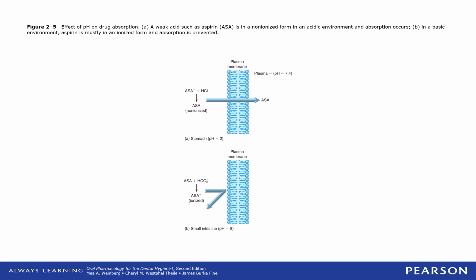Figure 2.5 shows the effect of pH on drug absorption. In A, a weak acid such as aspirin in a non-ionized form in an acidic environment absorbs very quickly. However, in a basic environment, aspirin is mostly in an ionized form, and its absorption is prevented.